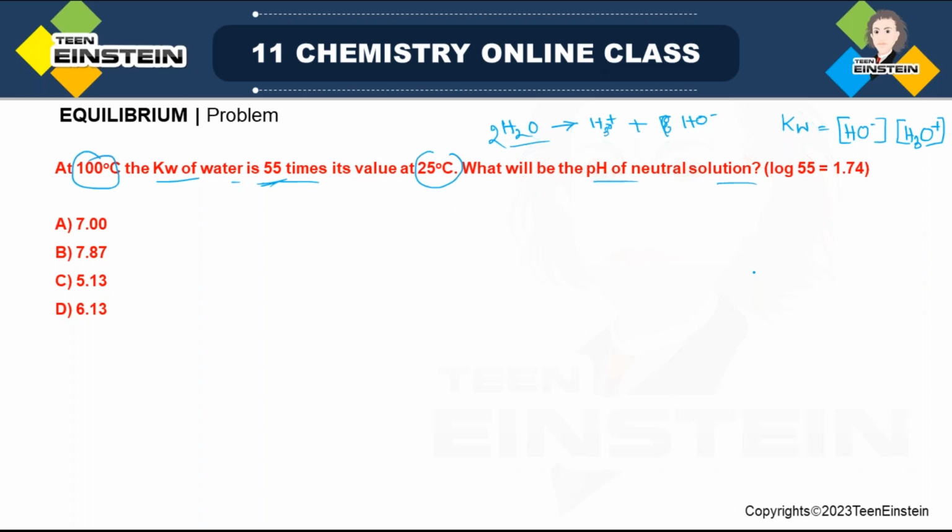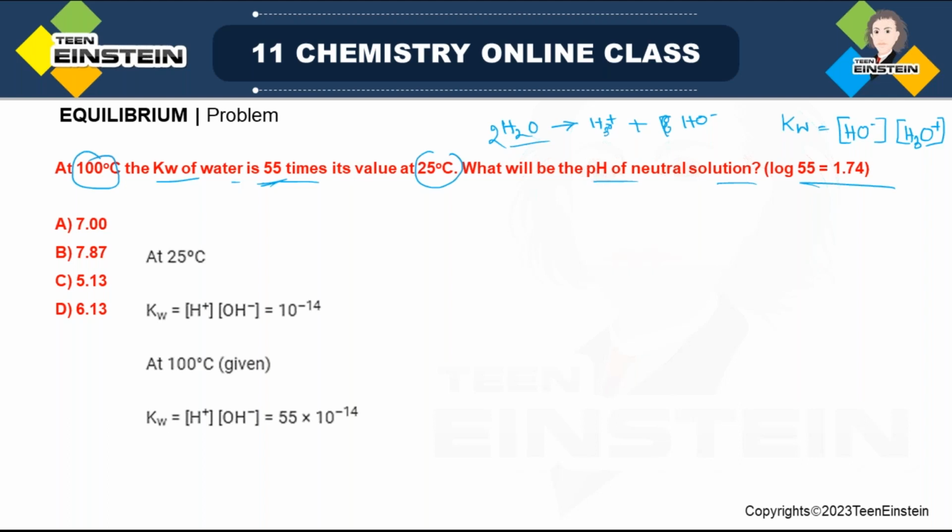From that you first have to find the H+ concentration, and the second step is to find minus log of H+ concentration, which is actually the pH. It is obviously a neutral solution because it is water. Here log 55 is given as 1.74, so we have to use this value.